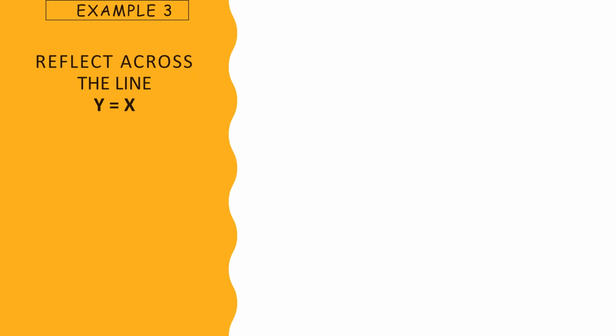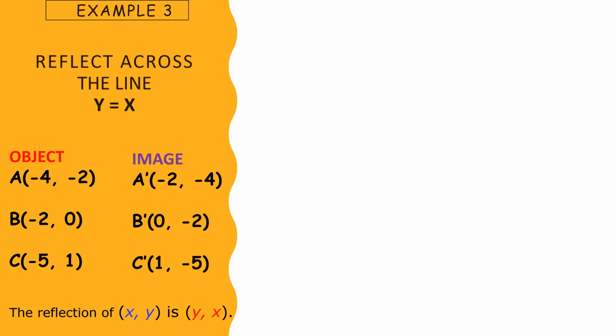Example 3. How do we reflect across the line y equals x? Now you're given the coordinates of the vertices of the object to be this. Remember the rules when you're reflecting across the line y equals x. You simply switch the coordinates. So x goes in place of y and y goes in place of x.